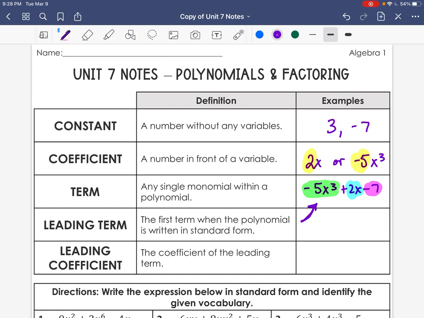The leading coefficient is the coefficient of the leading term. So again, if we look up here, it's negative 5. Okay, so the first term was negative 5x to the third, and then its leading coefficient is just the negative 5 part.